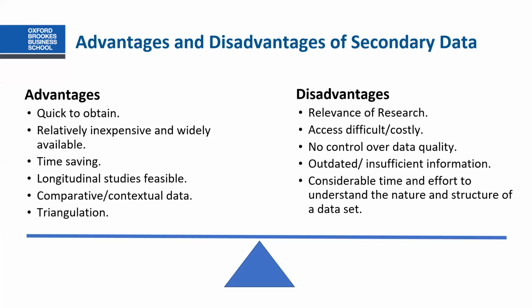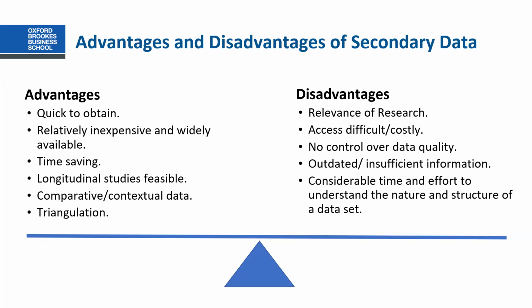So there are advantages and disadvantages of using secondary data. The main obvious advantage is that it is relatively easy to access and obtain, either through the internet or through the library, or, if you have a company as a case study, you can gain secondary data through internal company sources, records or reports.